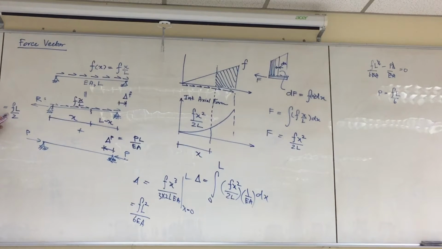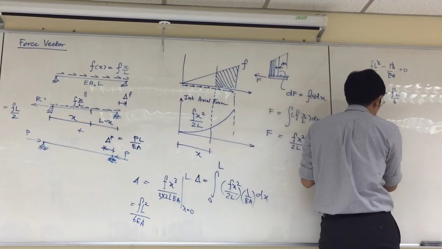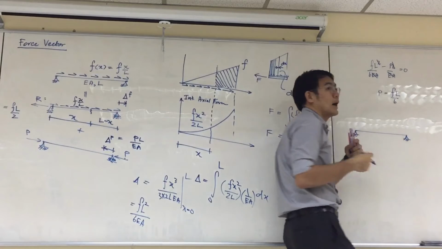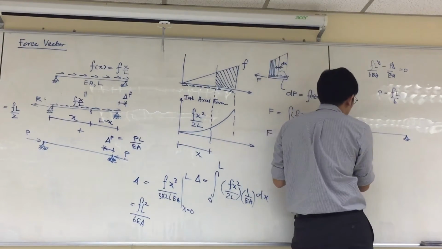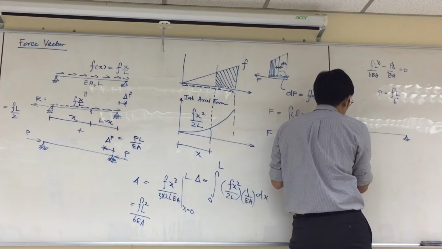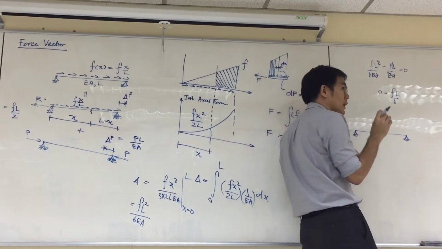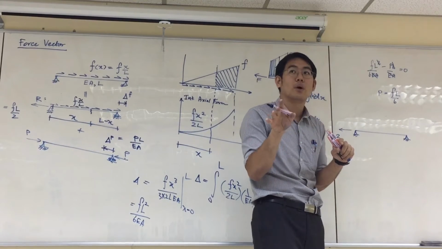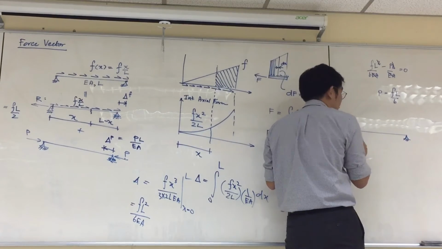So this side you have FL over 2, and then you have FL over 6 in the opposite direction. A half minus 1/6, you get 2/3? A half is 3/6, minus 1/6, it is 2/6, which is 1/3 of FL.